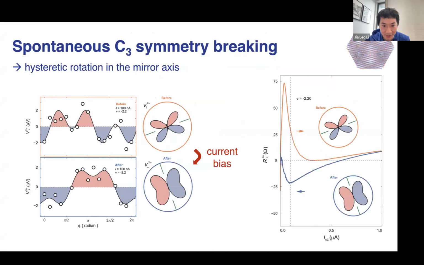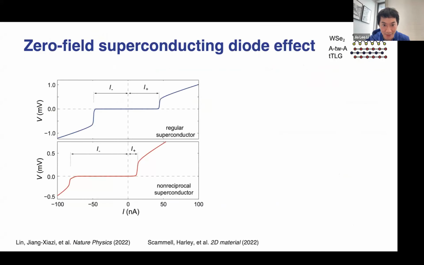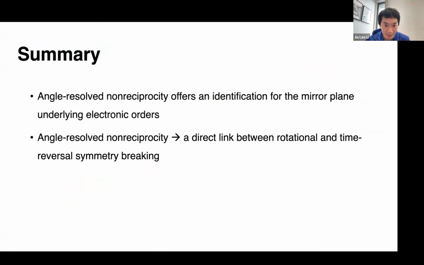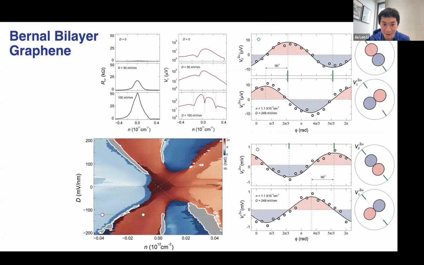I guess there's one somewhat important slide I didn't show. In Bernal bilayer graphene, if you look at the mirror axis orientation as a function of density and displacement field, you do have these well-defined regimes where, for example, the blue and red across this transition boundary is a rotation of 180 degrees in the polar axis, right? And so that's consistent with the valley polarization. You have momentum polarization within one valley, and then you switch to momentum polarization in the opposite valley across this boundary.